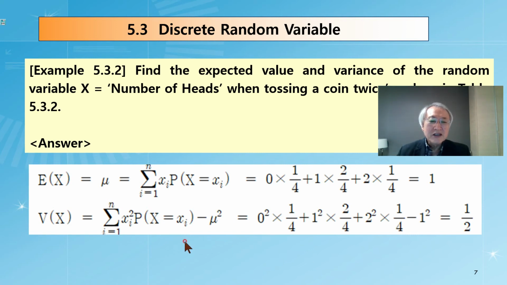For the variance, here we use the shortcut formula: square each of them, multiply by the probability, subtract mu squared, and it becomes a half. Maybe you can calculate the standard deviation, the square root of this number. What is the interpretation? The variance is 0.5, therefore the standard deviation looks like 0.7 something.